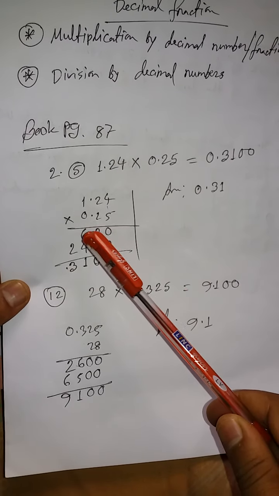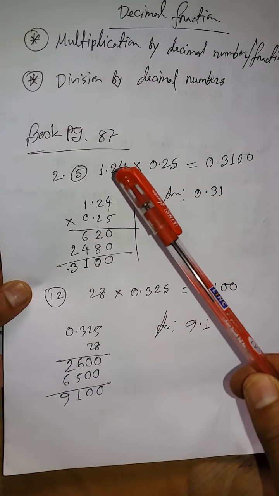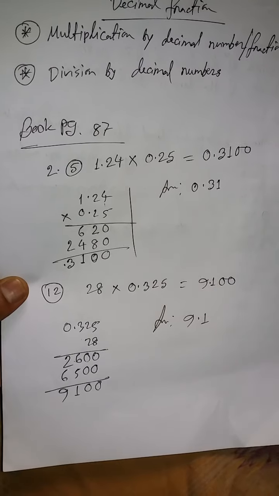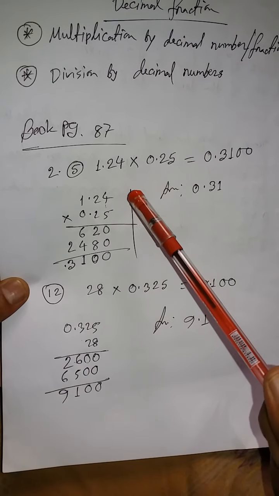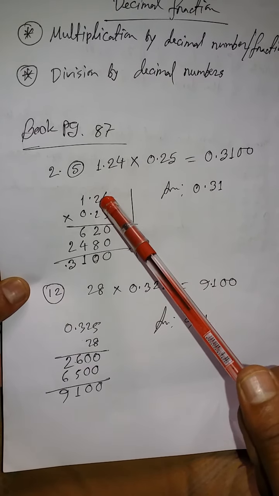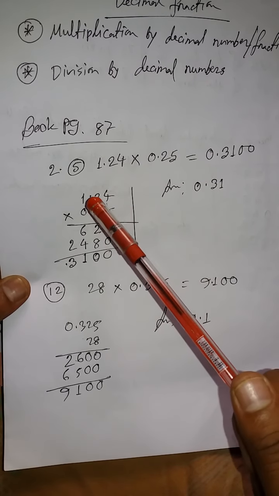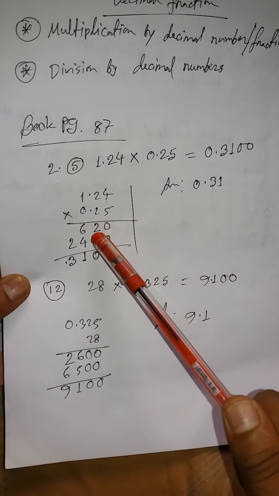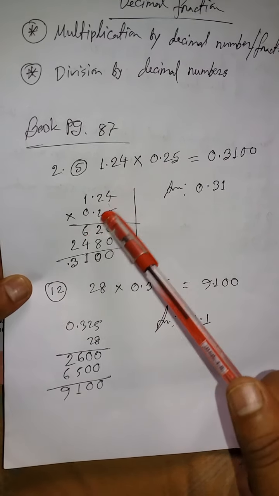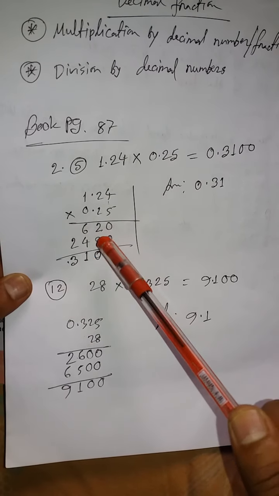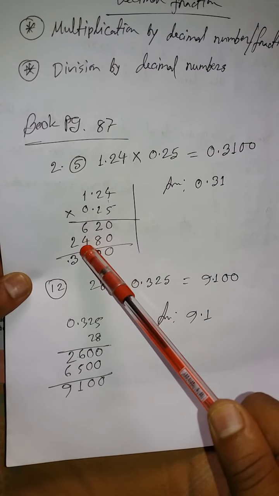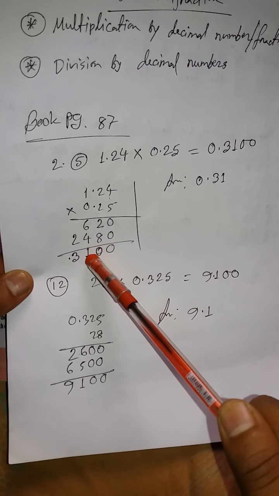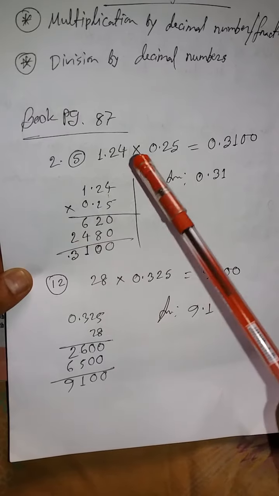First, just forget the decimal. Multiply normally. 5 4s are 20, carrying 2. 5 2s are 10, plus 2 is 12, carrying 1. 5 1s are 5, plus 1 is 6. Then one digit left. 2 4s are 8, 2 2s are 4, 2 1s are 2, and the total is 3100.